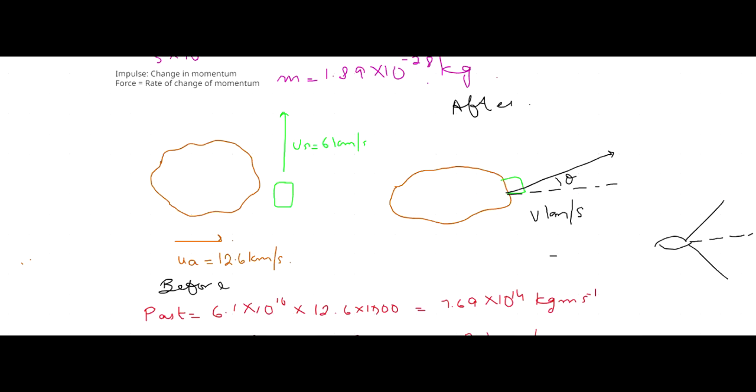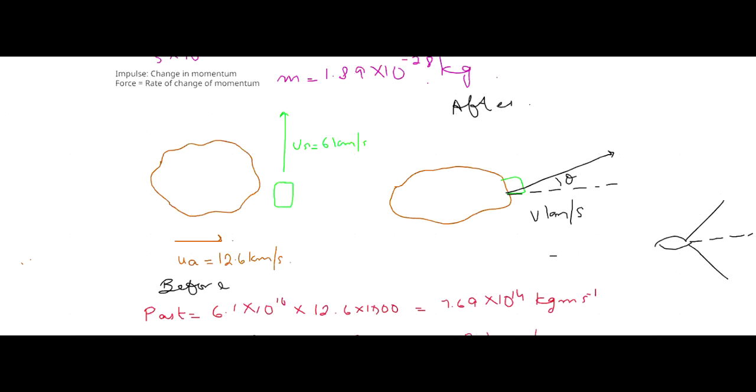Similar concept over here. Do not think of momentum before as something different, something separate. This is all just one scenario. What is actually happening is that momentum before the collision is related to the force. This is applying a force horizontally. The spacecraft is applying a force vertically. The resultant of those two forces causes the asteroid to deviate.